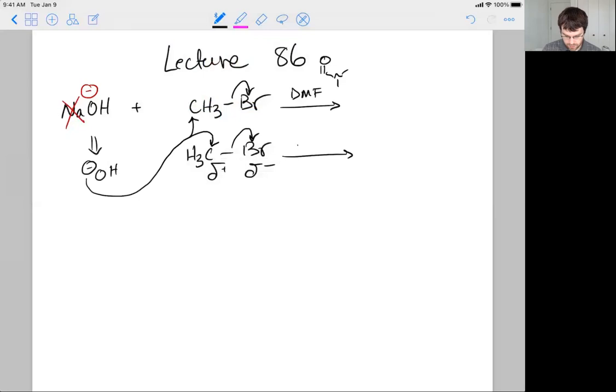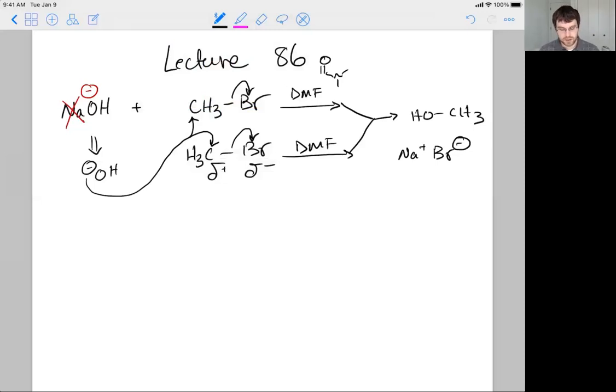That's going to give rise to, as a product, the methanol product, which is the one we care about the most. But if you wanted the Na plus to come back in and bind to the Br minus, that would also form a salt byproduct.